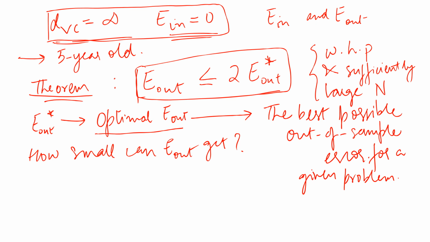So let's see how that is done, and let's begin with the proof, and let me write it on the next slide. We begin with the target function, which is f of x, and I am assuming that this is a probabilistic target function, just like we did in logistic regression. Let me represent this by pi of x.